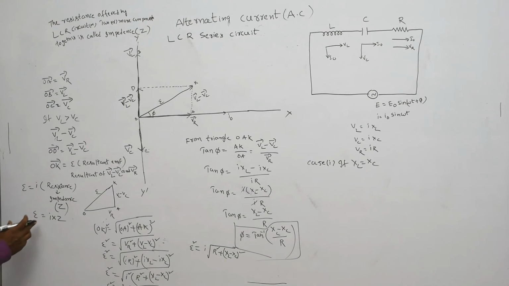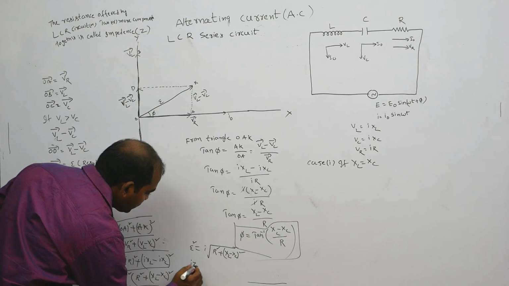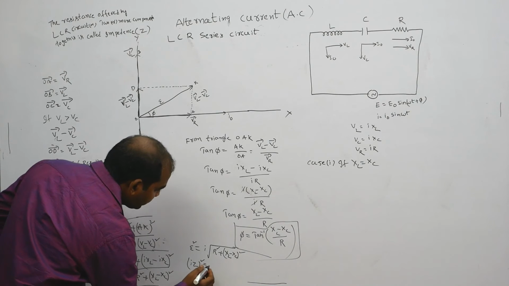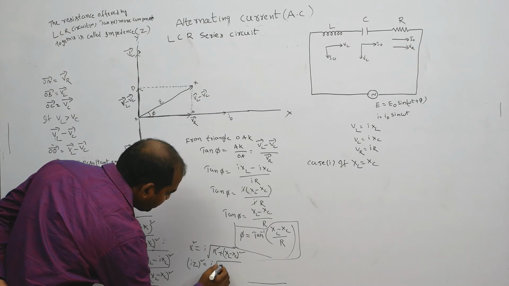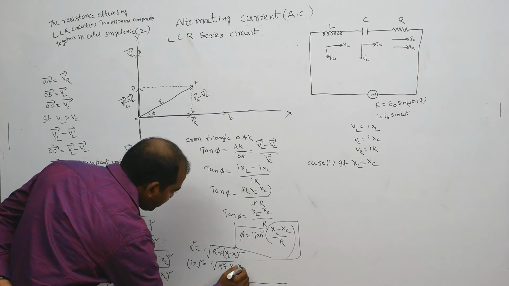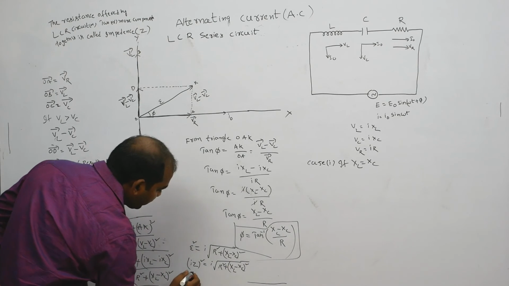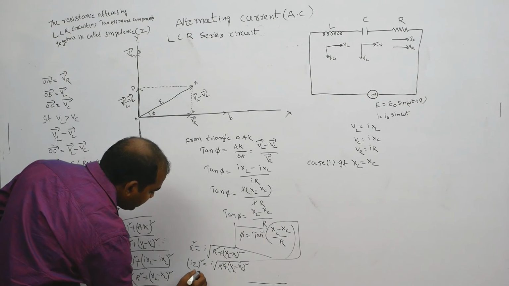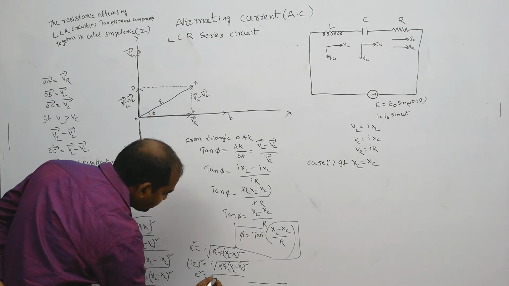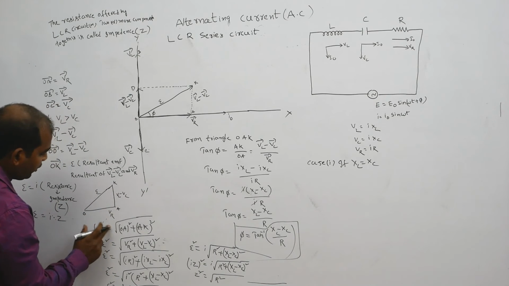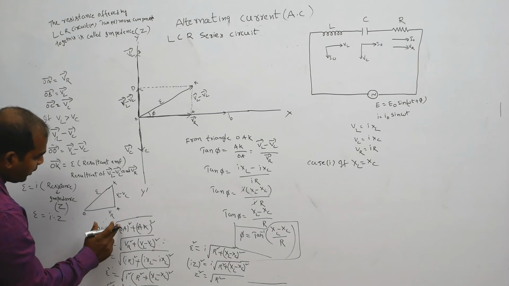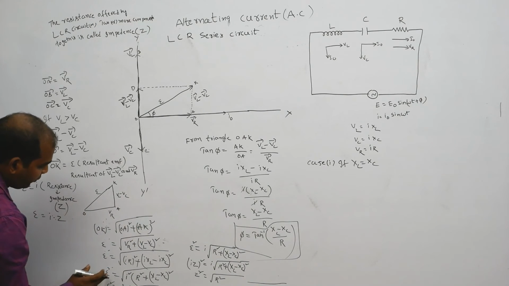In place of E, we write I into Z. So I Z whole square equals I into the square root of R square plus XL minus XC whole square. The I gets cancelled. Here, the value of OK is only the square root, not the square, because according to Pythagoras theorem, we already put the square root here.